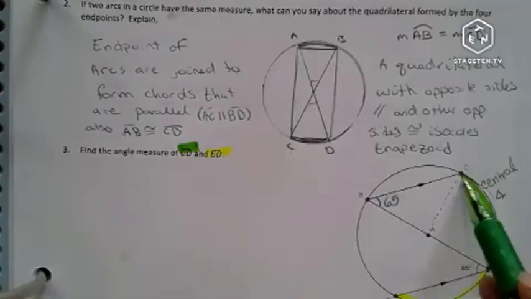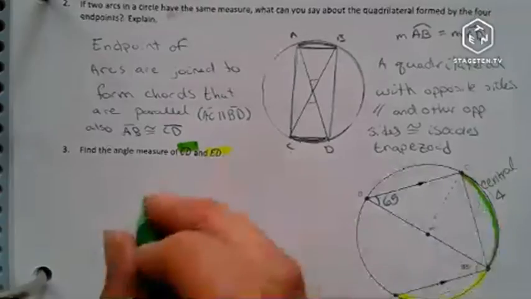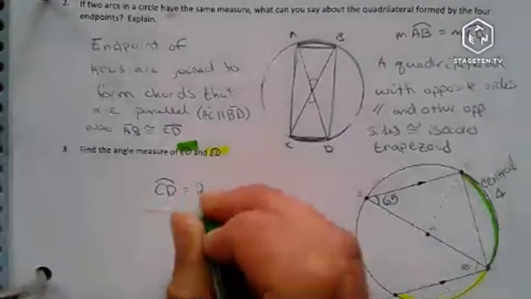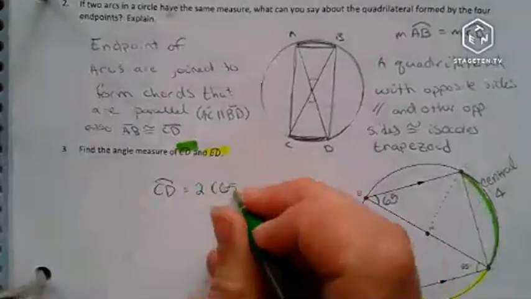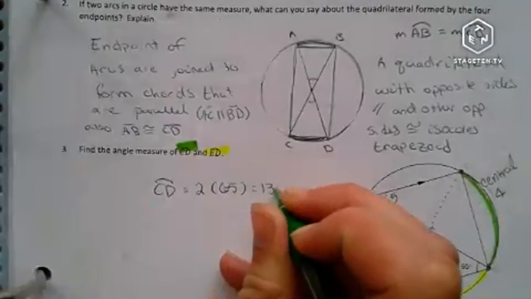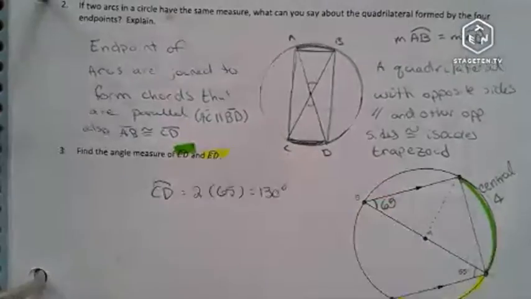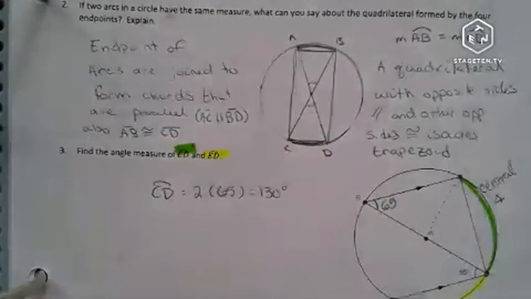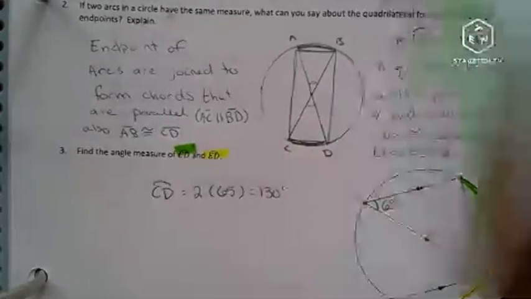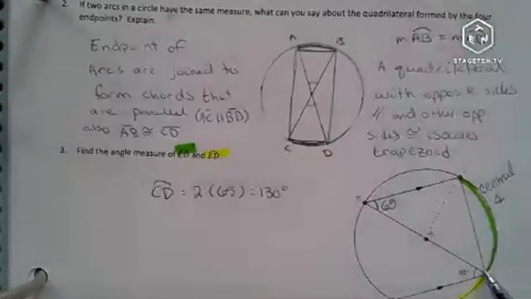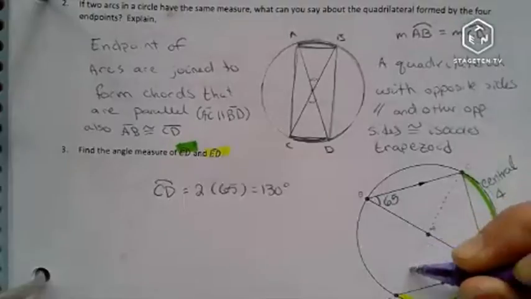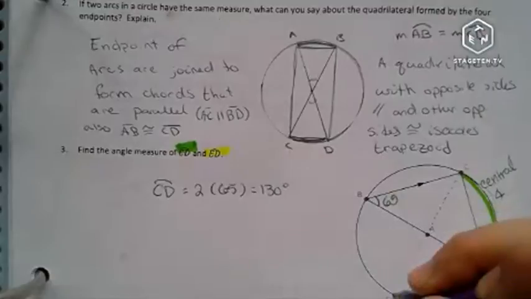Just give me one second. ED. Okay. Well, we know that this is 130, and we know that this whole thing from C all the way to E is 180. So therefore, ED must be 180 minus 130. So ED is equal to 50 degrees.